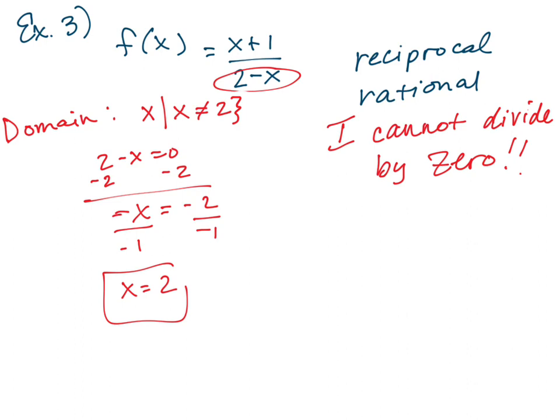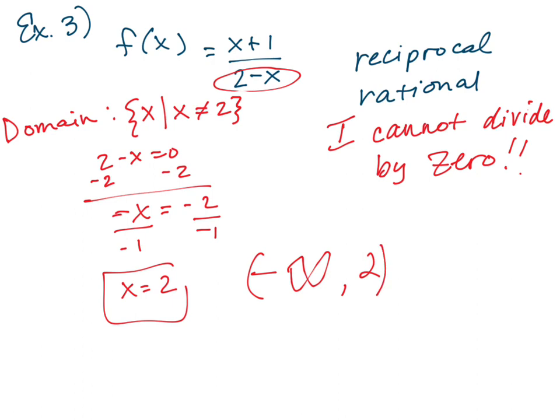Okay, so let's put it in interval notation, which is a lot more familiar to you. It can't be 2. It could be anything less than 2. How far less than 2 could it be? Negative infinity. So negative infinity to 2. Can it be 2? 2 breaks it, so parentheses.